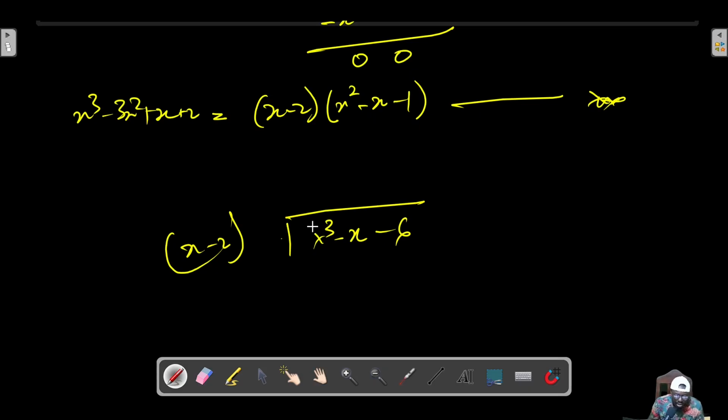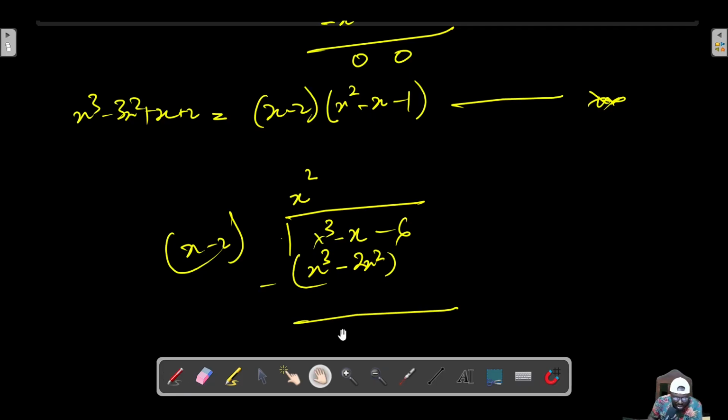So now, what term when multiplied by this term will end up with at least x cubed as a term? That particular term is x squared. So x squared multiplied by this term, we have x cubed minus 2x squared. Then we perform the subtraction.